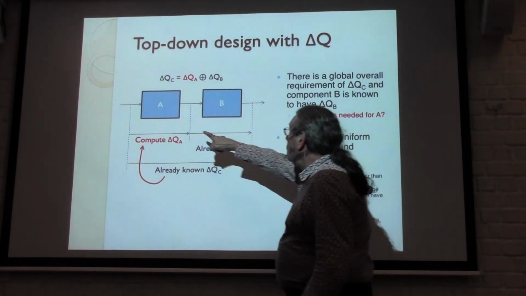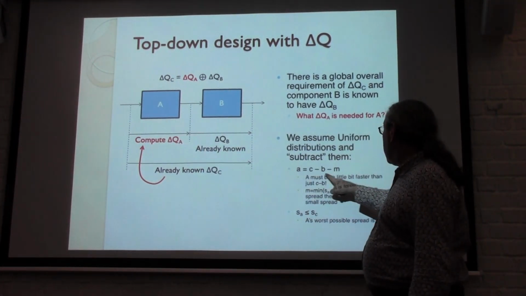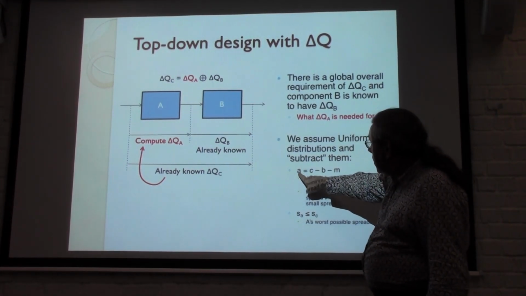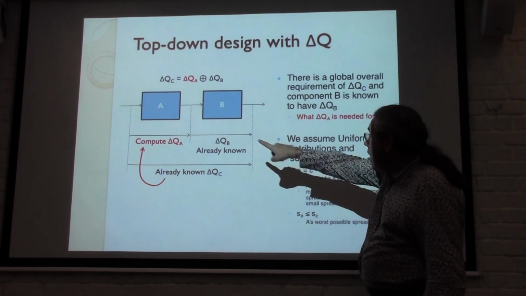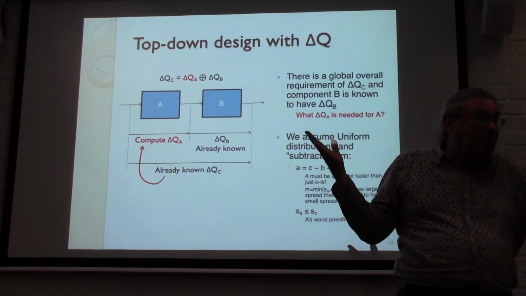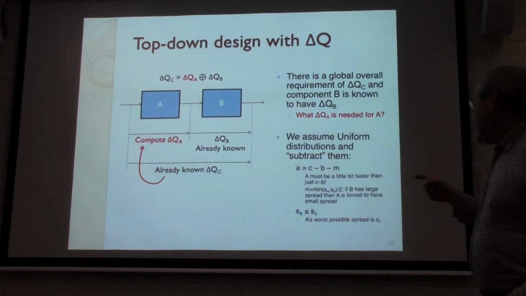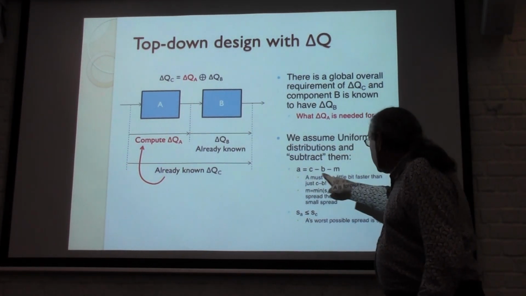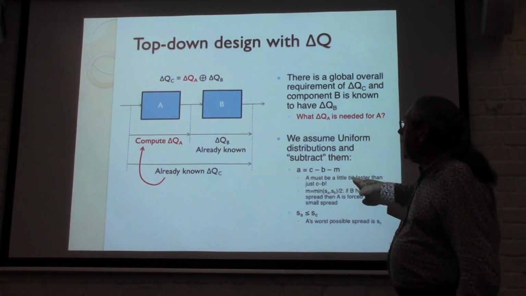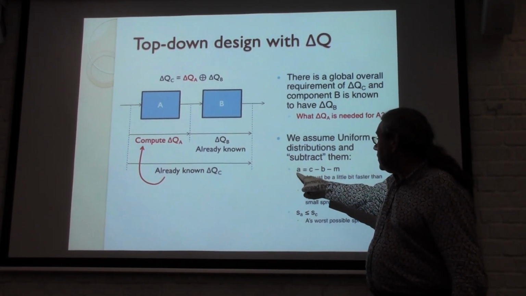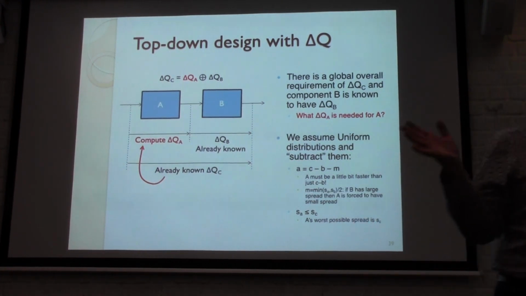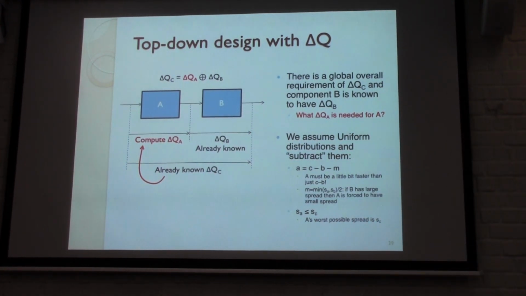Here, this is the condition on A. Now, if this number is less than 0, then A has to have negative delay, and that's impossible. Okay, so that's infeasible. So that's a condition on A, and if this number is less than 0, then it's impossible to build the system. Okay.